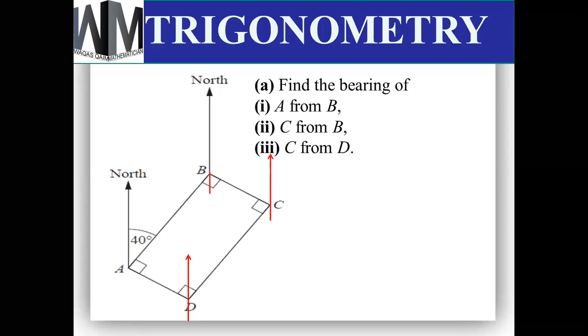It means that this angle will be 40 degrees, and the other angle at B becomes 50 degrees.